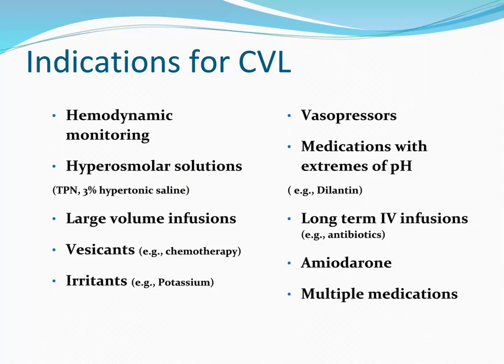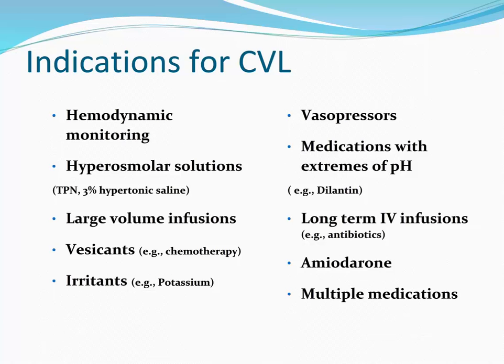The CVP tracings are just another clinical parameter to help evaluate the patient's fluid volume status, so using a PICC line to trend data can be helpful. Other hemodynamic parameters that can be measured include PA pressures, cardiac output, cardiac index, systemic vascular resistance, and pulmonary vascular resistance. These can be obtained through Swan-Ganz catheters.